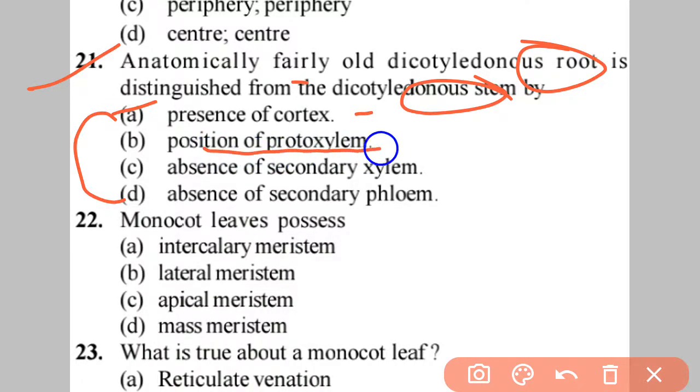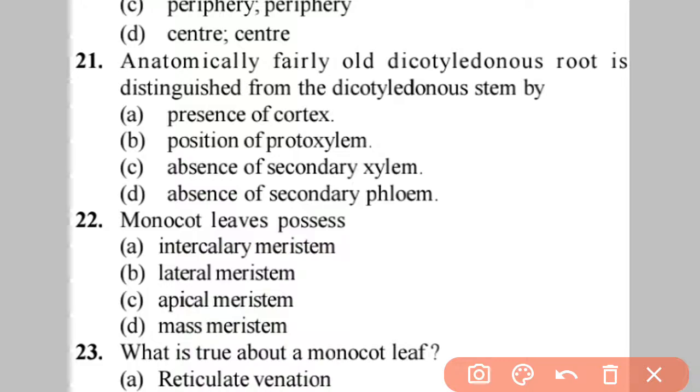Second one is position of protoxylem. Third one is absence of secondary xylem. And the last one is absence of secondary phloem. So here the correct option for this question is option B, position of protoxylem. Okay. So it is basically responsible to distinguish dicot root from dicot stem. Okay. Position of protoxylem. So option B is correct here.